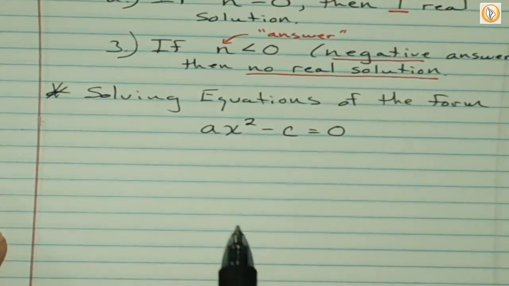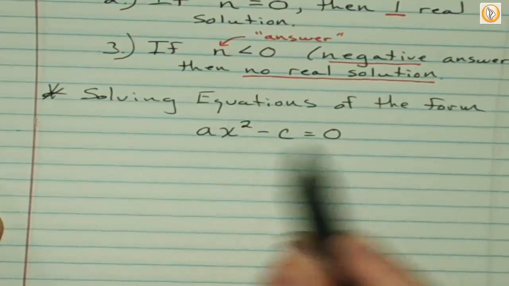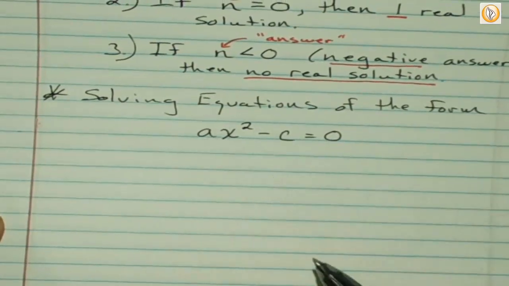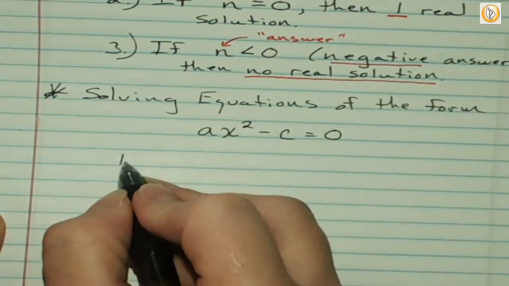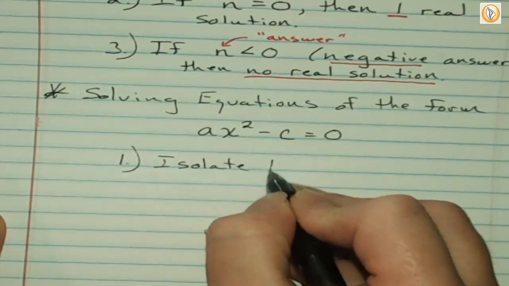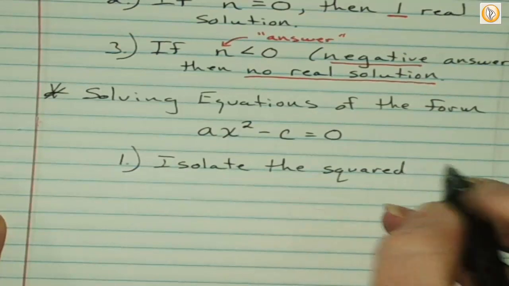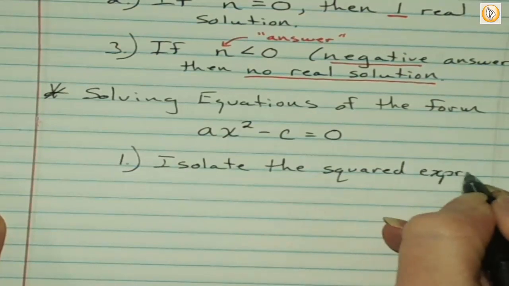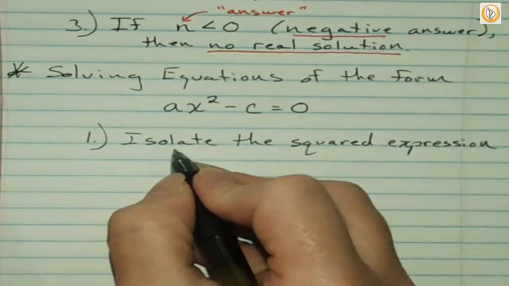Okay, so when we're solving quadratic equations that will look like this, kind of like what we did yesterday. All right, but this form, basically we're going to isolate the squared expression first.